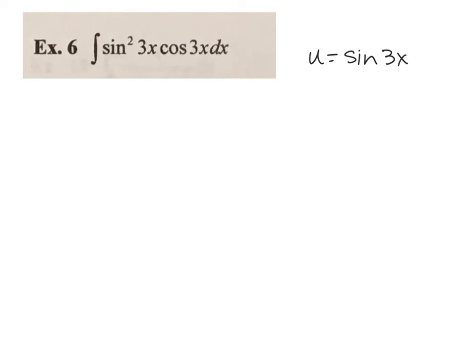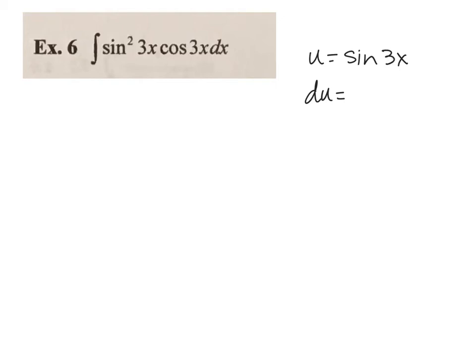And now when we go to find the derivative of sine 3x, you'll remember that we have a function within a function because we have sine not just of x, but sine of 3x. So that means we're going to have to use the chain rule. So remember, the chain rule for derivative says take the derivative of the outside function. Well, the outside function is sine of something.